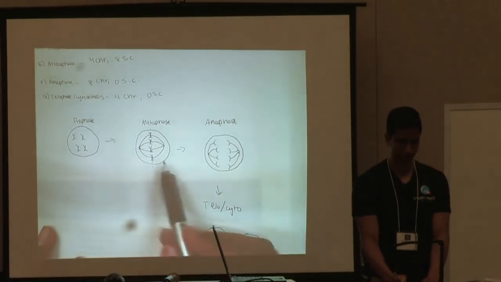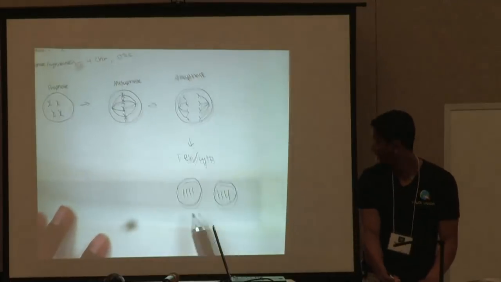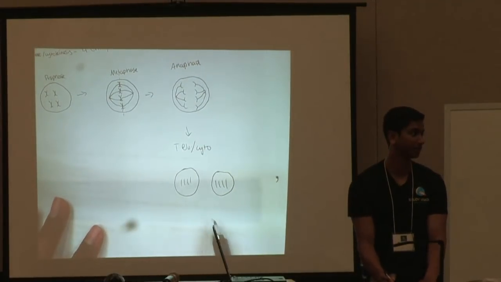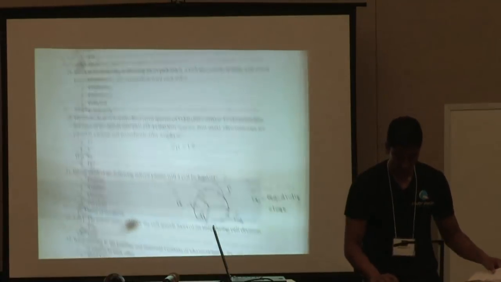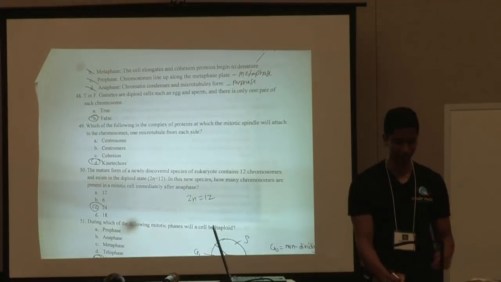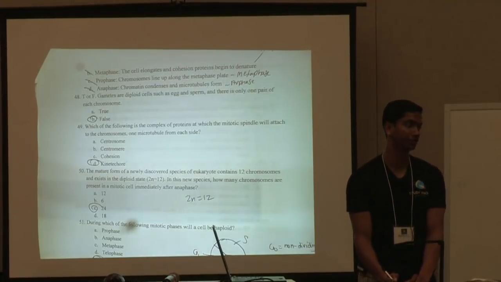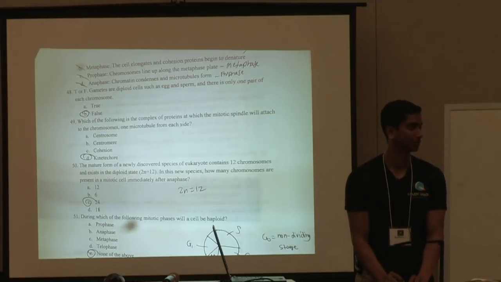So it's 4 here, 8 temporarily, and then it goes to telophase and cytokinesis, resulting in 4 each. So none of the above. It's never haploid. It never has 2 chromosomes per cell. Does that make more sense? Okay.